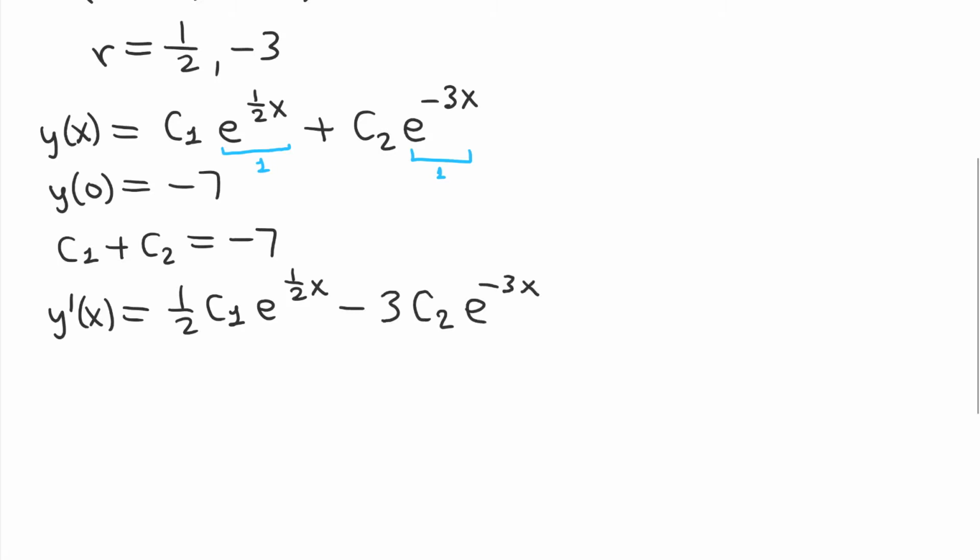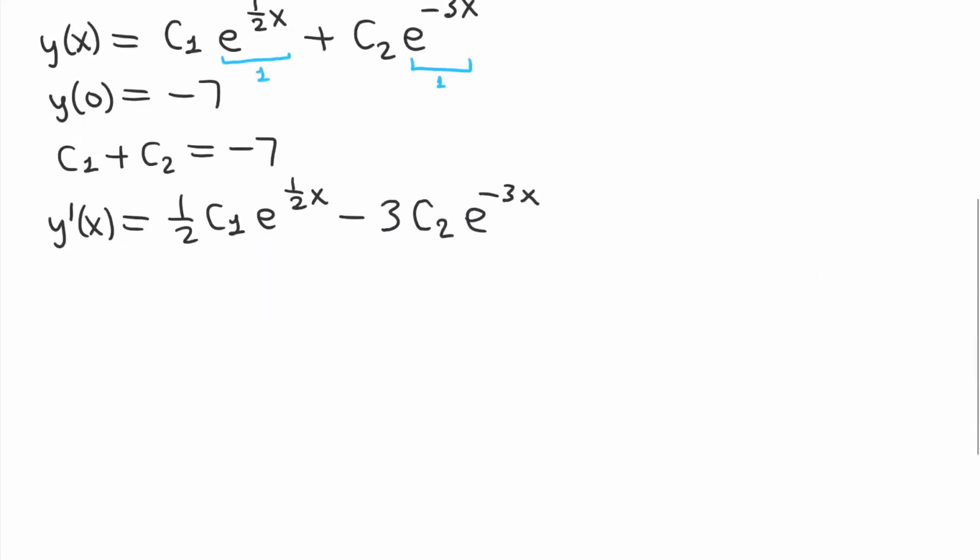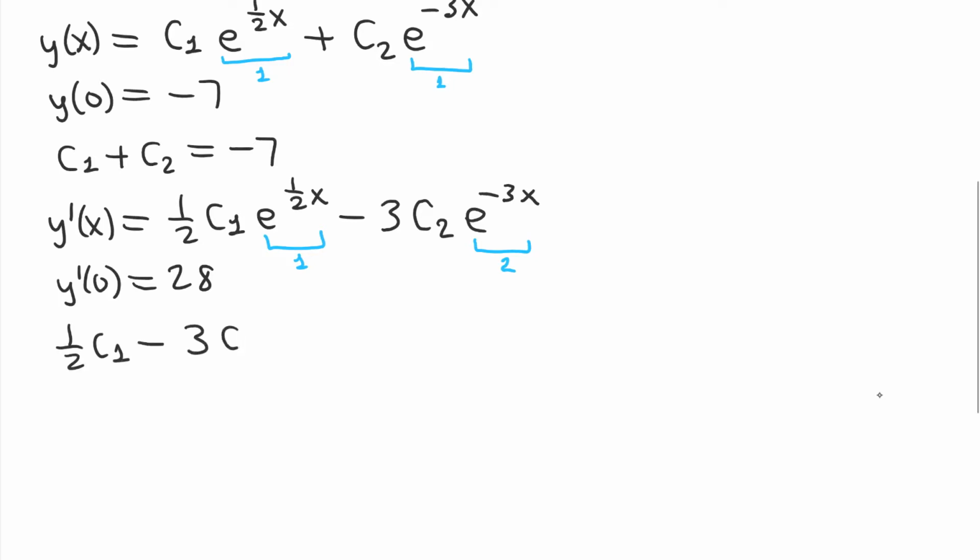And then when we plug in 0 into this expression, again, this becomes 1 and this becomes 1. And so we get 1/2 c1 minus 3 c2 is equal to 28.